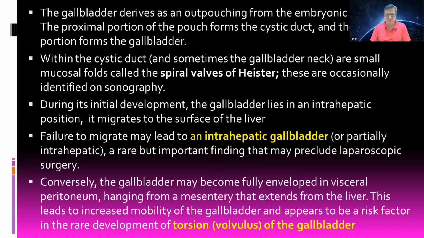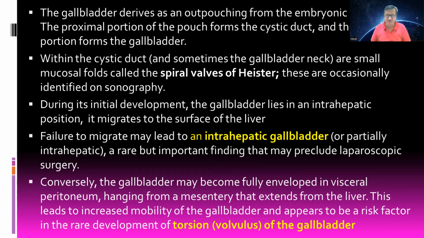During the initial development, the gallbladder lies as an intrahepatic portion and later it migrates to the surface of the liver. Failure to migrate, when it is unable to come out of the hepatic parenchyma, may lead to an intrahepatic or partially intrahepatic gallbladder.